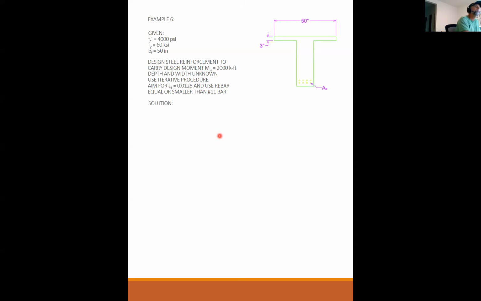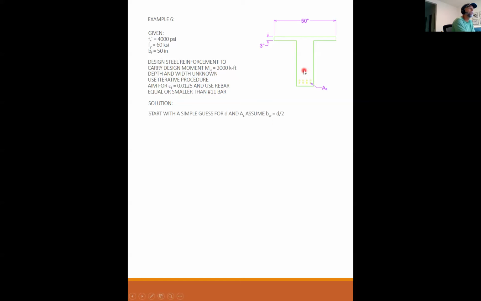Okay. So this is our guide. We want epsilon sub t to be equal to 0.0125. It's never going to be exactly equal to this, but that's what we're aiming for. And of course, we have to have a strength greater than 2,000 kip feet. So we start with a simple guess for d and A sub s, and assume b sub w is equal to d over 2.